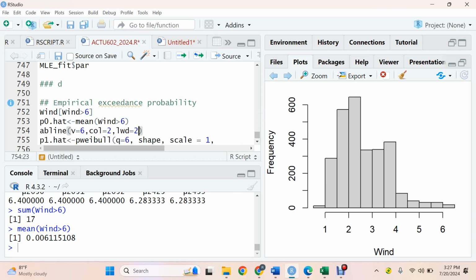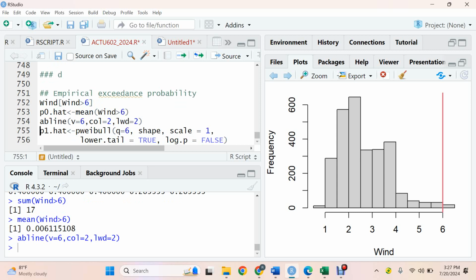Okay, so this is what we want to find. We want to find the proportion of wind speed greater than 6.